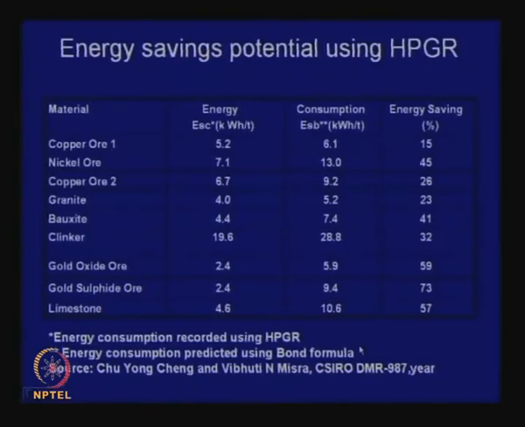Now, the energy saving potential when one uses high pressure grinding rolls. I do not think I have a picture of that, but essentially, whenever crushing or grinding is done, there are two rolls through which the material to be crushed or ground has to be passed.